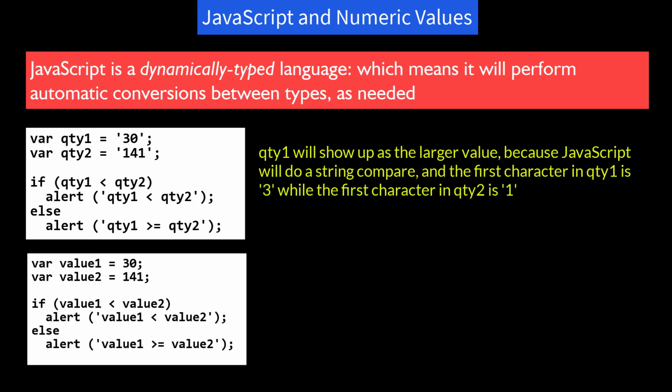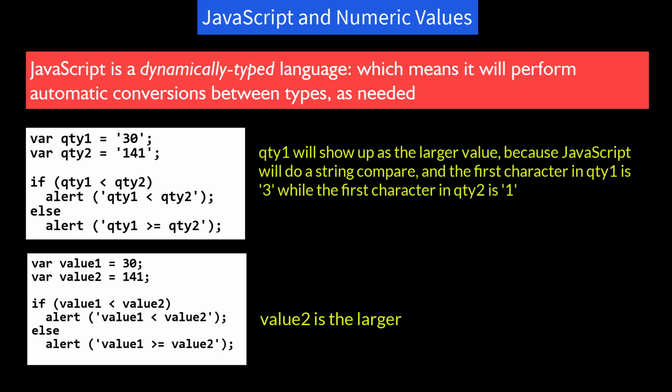On the other hand, if you declare var value1 equals 30, var value2 equals 141, then if value1 < value2, alert "value1 less than value2", else alert "value1 greater than or equal to value2", will indicate that value2 is the larger number, because JavaScript will do a numeric compare.